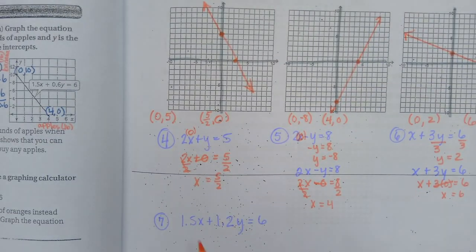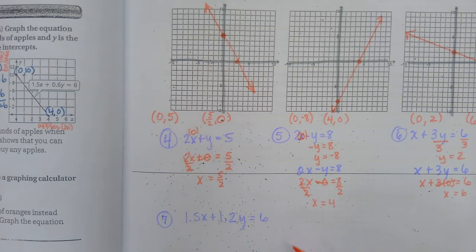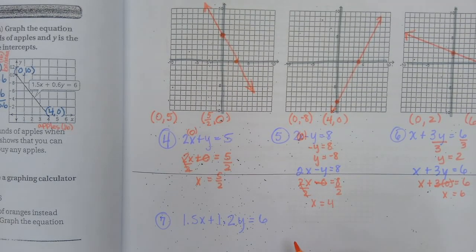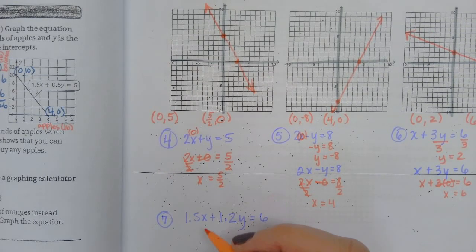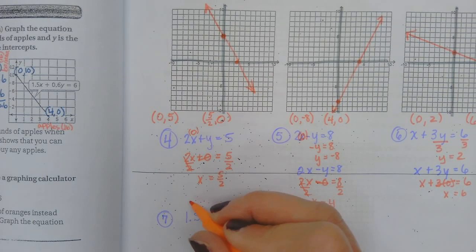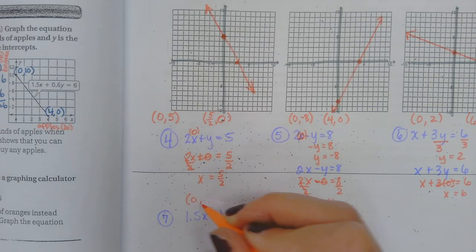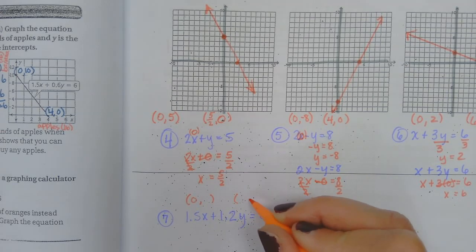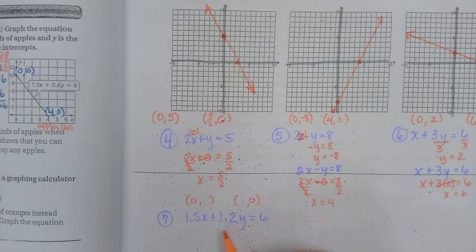And then for number 7, they asked us to use this equation because the oranges cost $1.20 per pound. And they asked to graph the equation and interpret the intercepts. So the first thing I'm going to do is I'm going to solve this by putting zeros in. So if I put in 0 for x, and then 0 in for y.